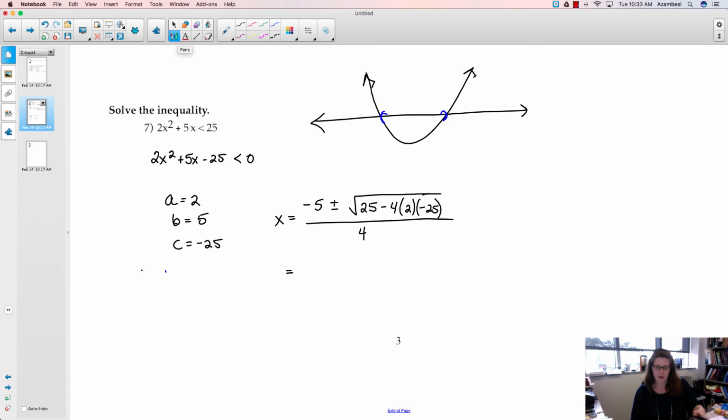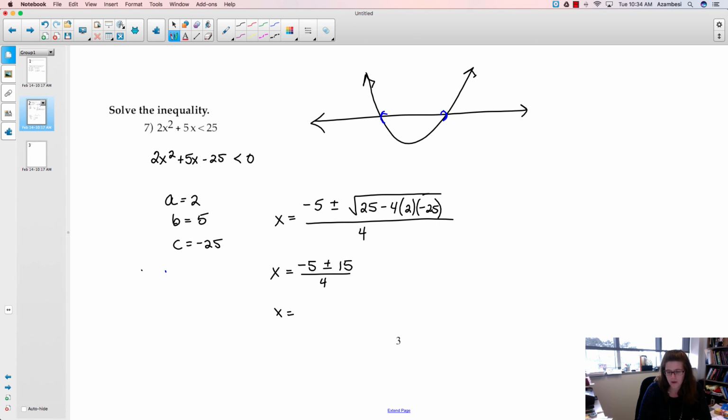Simplifying inside that square root first, 25 plus 200 gives me 225 inside the square root. That is a perfect square, so the square root of 225 is 15. So I have negative 5 plus and minus 15 over 4.